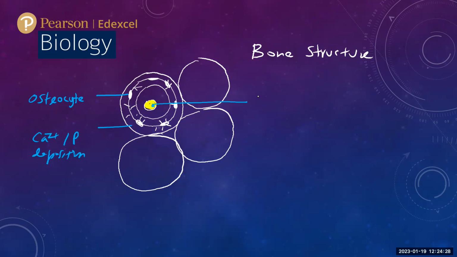And the middle canal is called the Haversian canal. Blood vessels and nerves, we can find them.